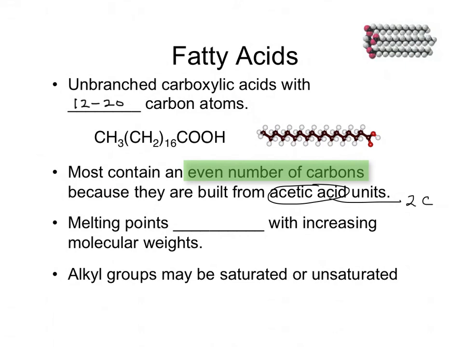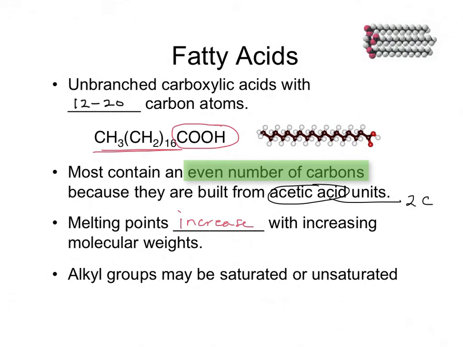So what we have with a fatty acid is a carboxylic acid and then just a really long alkyl chain. And we're going to see similar characteristics that we've seen before with all sorts of molecules, that the melting points will increase with increasing molecular weights.